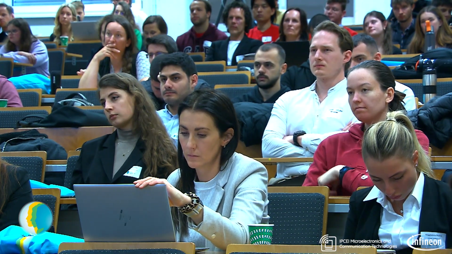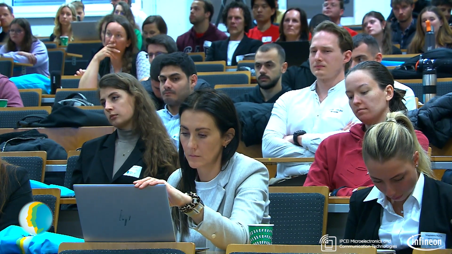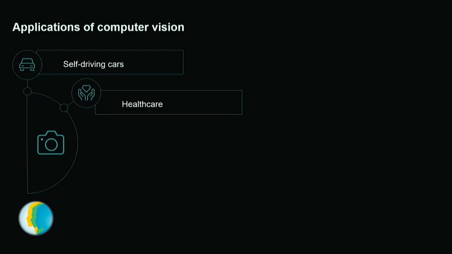Computer vision is also, of course, used in healthcare. For example, in medical image analysis, it is used to assist doctors in detecting anomalies in X-rays, MRIs, or CT scans. Later on, you will get a bit more insight into this topic in Sapide's talk.